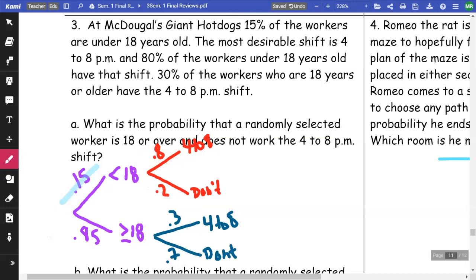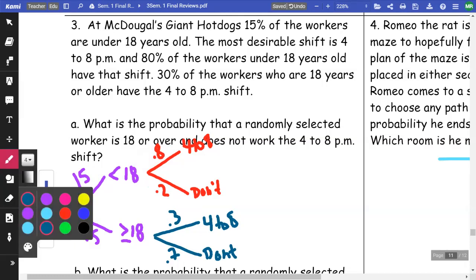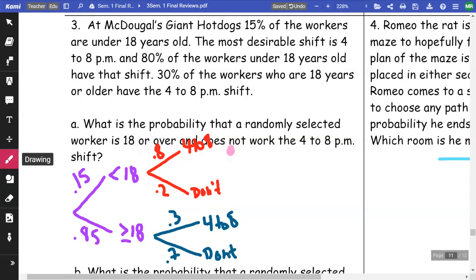So when I'm doing 0.15 times 0.8, I get 0.12.